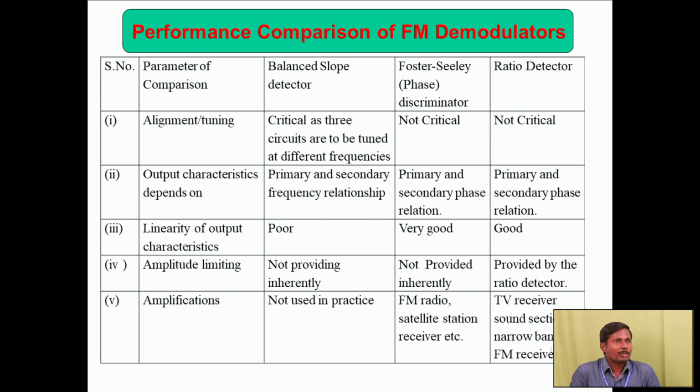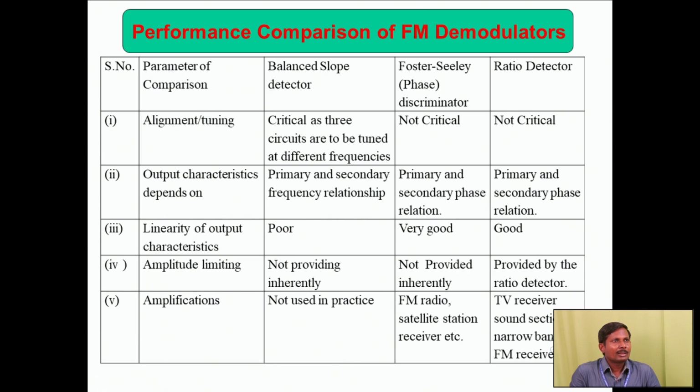In the balanced slope detector, it is critical because three circuits are to be tuned at different frequencies. In the Foster-Seeley discriminator, it is not critical, and in the ratio detector also it is not critical because the three tuned circuits are reduced into two. Also the circuits are tuned at the same frequency.